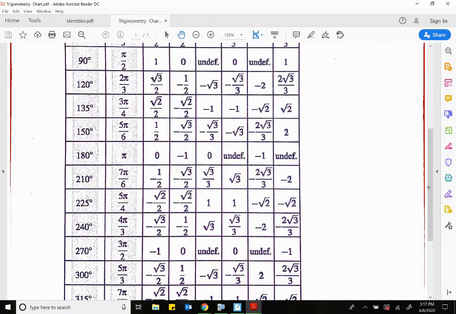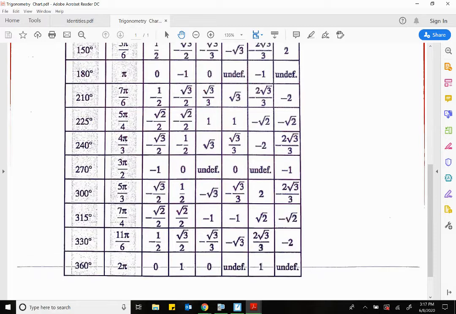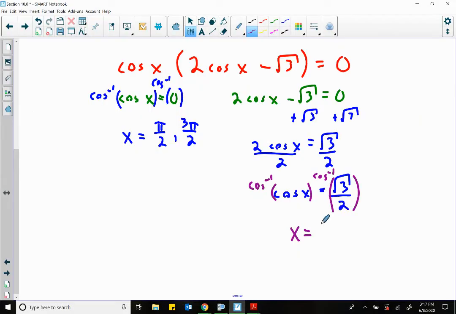And square root of 3 over 2, 11 pi over 6. So pi over 6 and 11 pi over 6. And there's your answers.